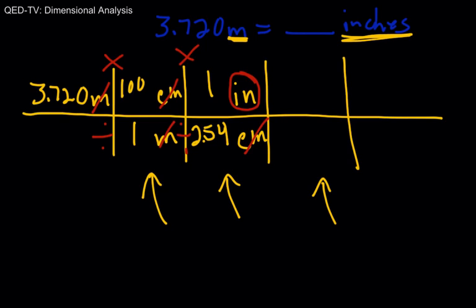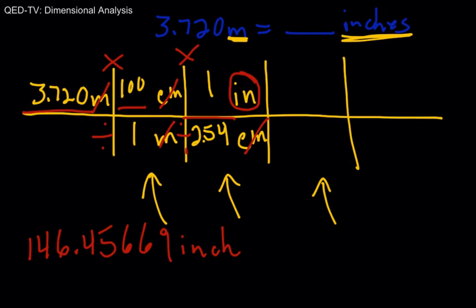So I'm going to take 3.720 times 100 and then divide by 2.54. And when I do that, the calculator would say 146.45669. It gives me some big long number, and this would be inches.